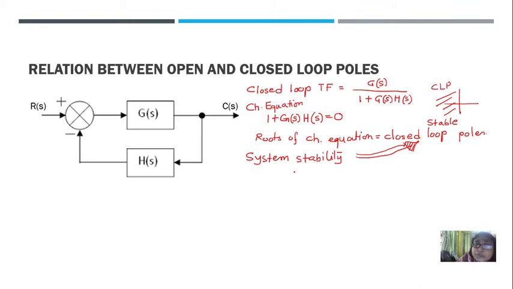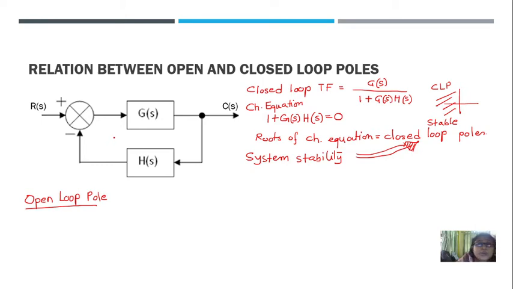Now, this is the closed loop pole, but what about the open loop pole? What is an open loop pole? Open loop poles are the poles in the open loop transfer function.